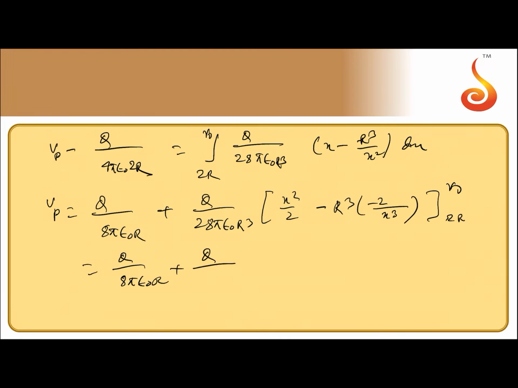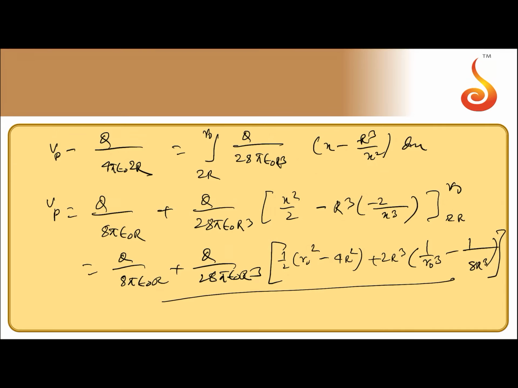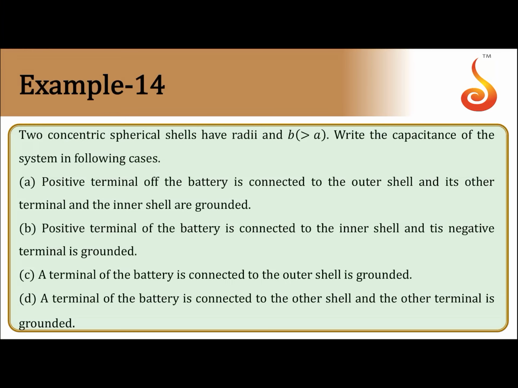So this is q by plus 8r cube. So we can simplify it further, and this is the required potential, we can say.